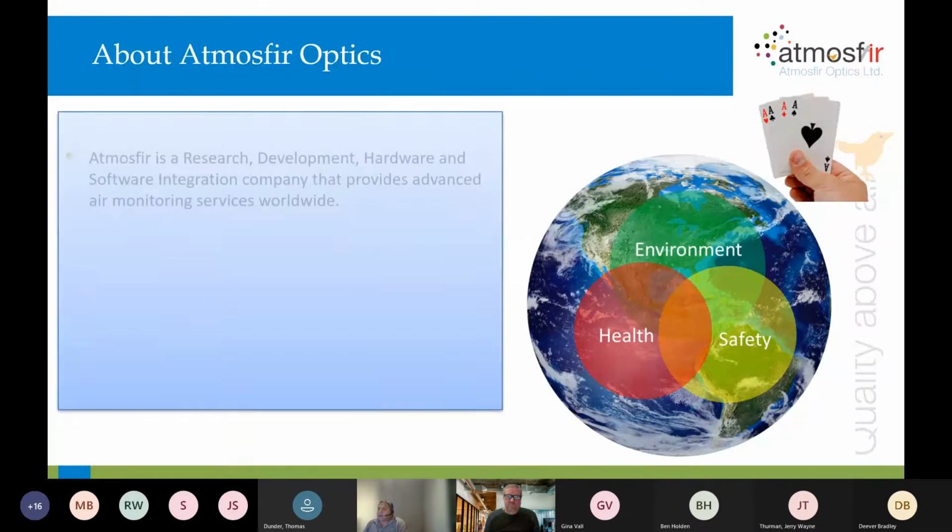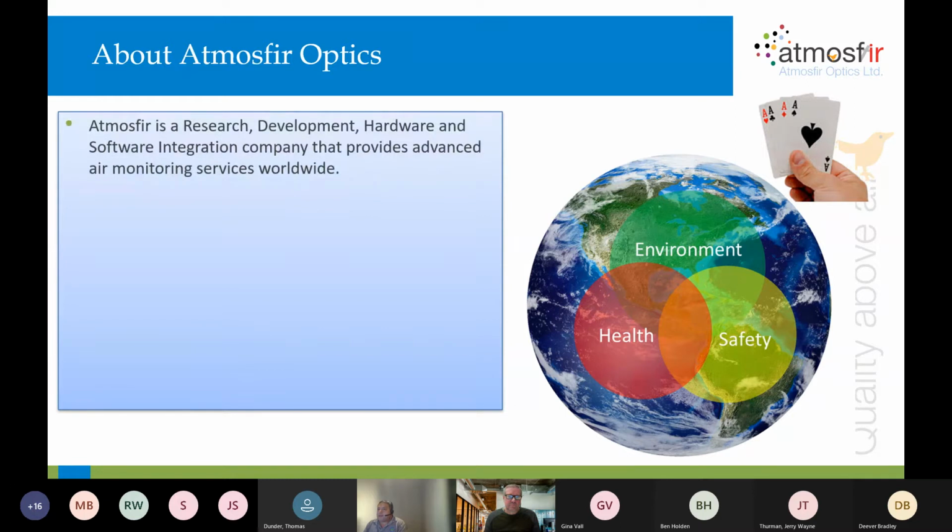I will start with a few words about Atmosfir Optics. Atmosfir Optics is a research, development, hardware and software integration company that provides advanced air monitoring worldwide. We've got clients in Australia, Israel, Canada, and the United States.